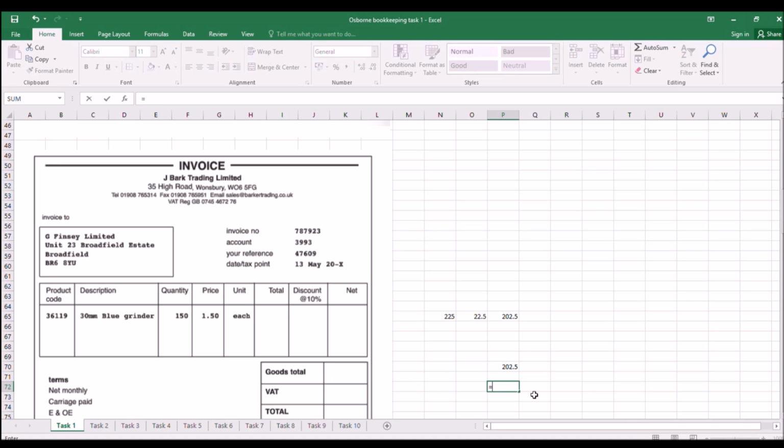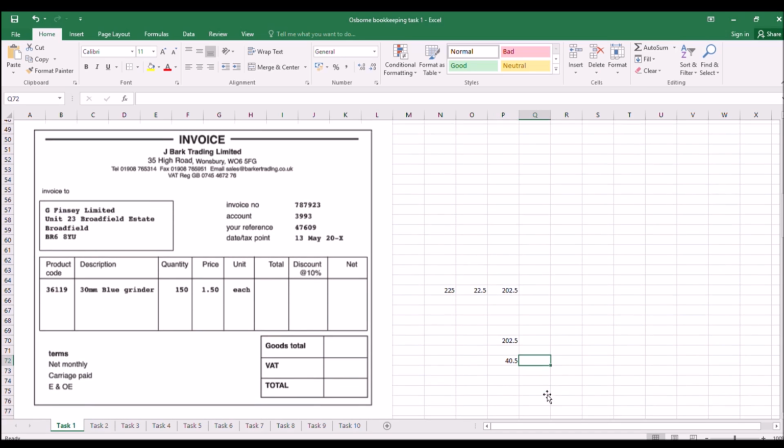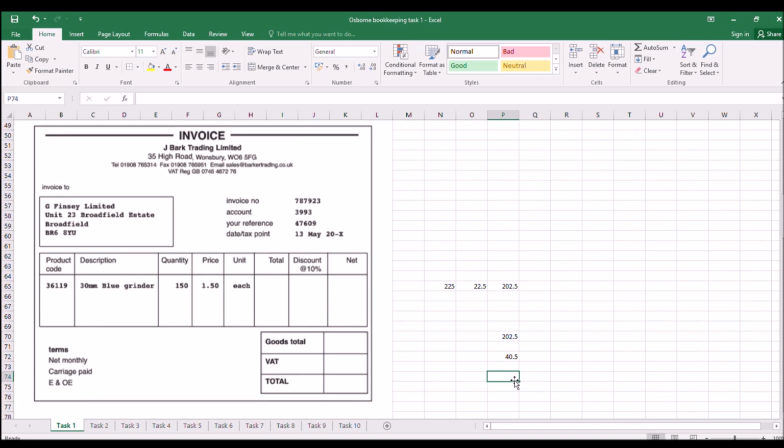That's the amount that we're going to get, but then HM Revenue and Customs comes along and says, we want 20% on top of that. So we're going to charge £40.50 of tax that we get from the customer and give back to HM Revenue and Customs. The actual amount the customer has to pay is the net figure plus the VAT, so they have to pay £243.